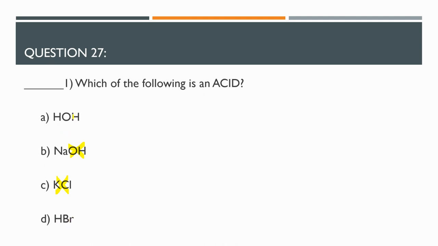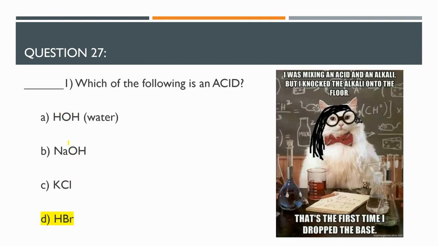It's been a while since I've done my chemistry. And here, it's not meant to be tricky, but HOH, once again, that's water. So that one wouldn't be an acid or a base. And so in this particular set of examples, there is my acid, okay?